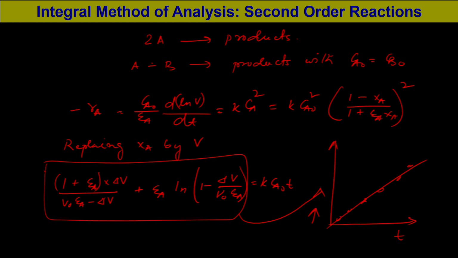So, it is a straight line passing through the origin with slope k into C_A0. So, this way we can solve the second order reactions by integral method of analysis from the varying volume batch reactor data.